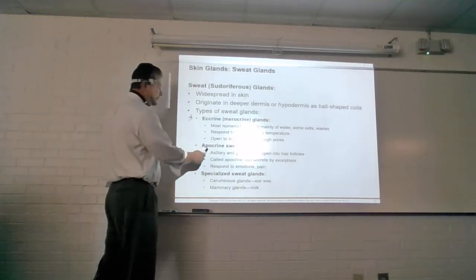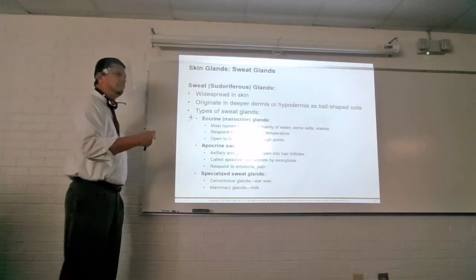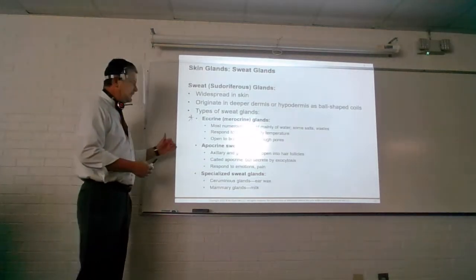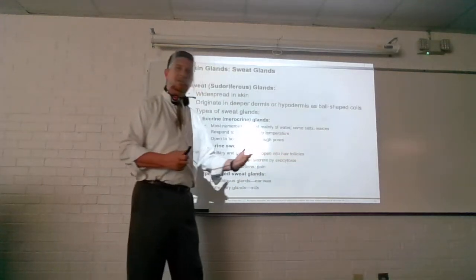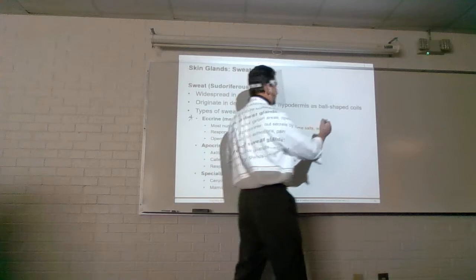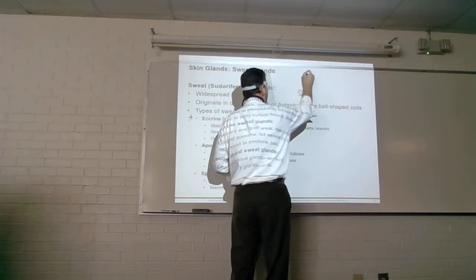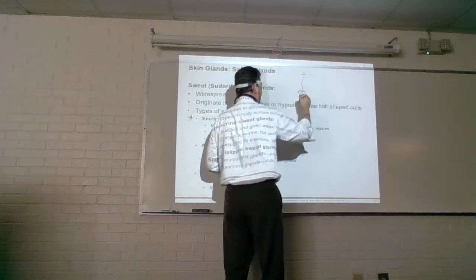Now, these apocrine glands, which are still sweat glands, are associated with puberty. These become active during puberty. They are always going to be found associated with hair follicles. One of the big differences is on the merocrine gland, if I got this little gland here, the duct comes up and goes right to the skin, causing this to evaporate.